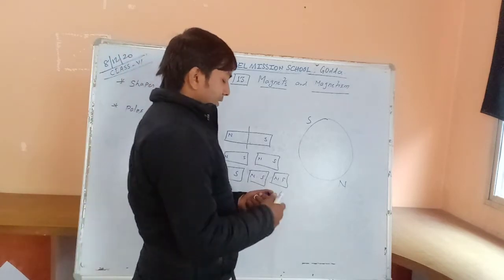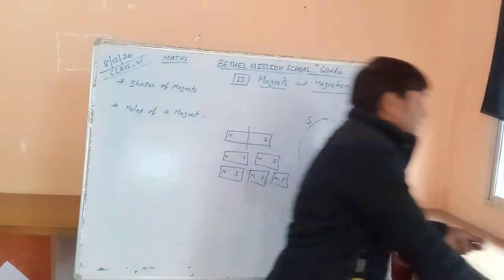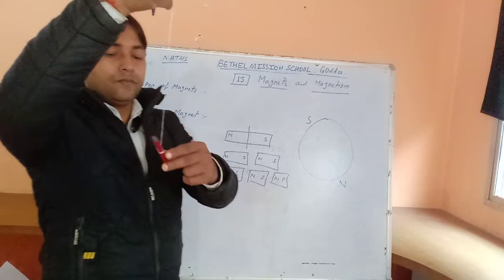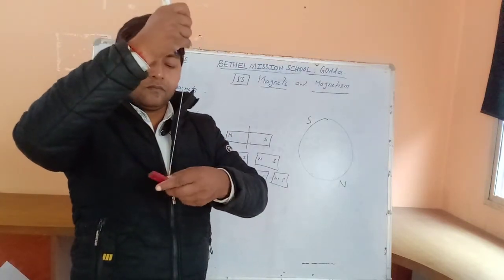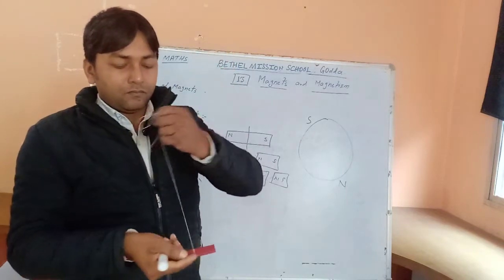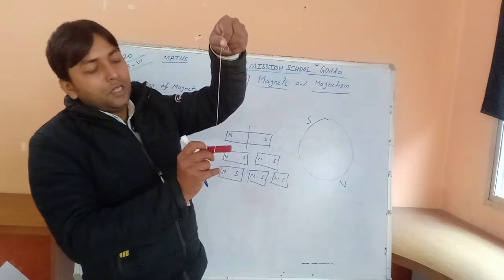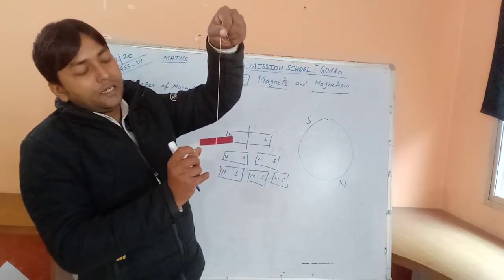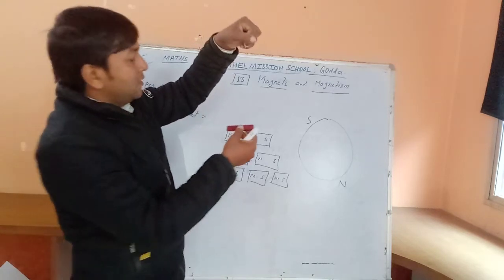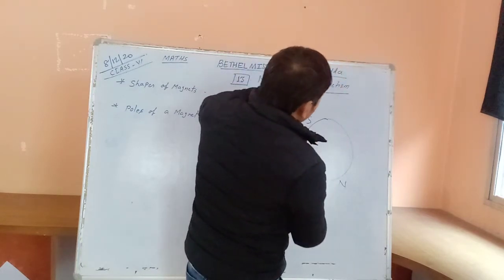So when you suspend a bar magnet, you can look that there is north written, south written.